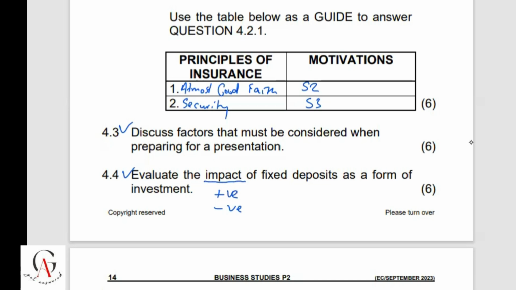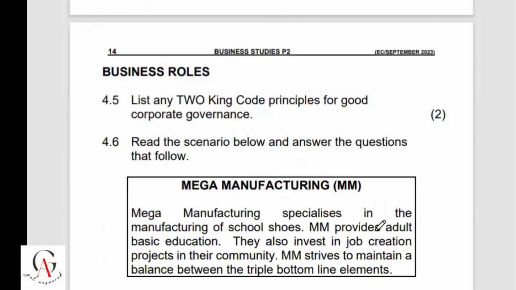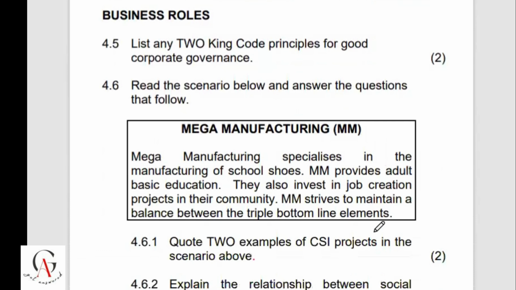Also, the investor cannot withdraw their funds before the maturity date, meaning the investor can be penalized for any early withdrawals. Low returns compared to other investments may not outperform the effect of inflation over a longer period of time. Okay, right. So now let's move on.